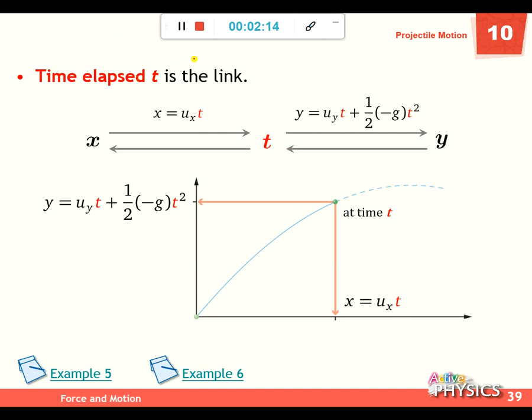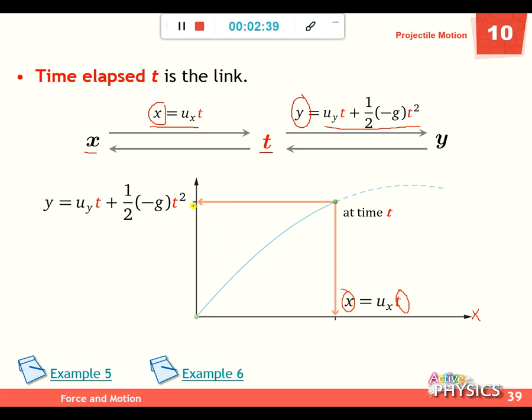So look at this. x links up to time through this equation. This time will also link up the other equation. You can obtain the position x and y if you know the time. So you can look at this diagram. For the unknown x position, if you know the time, you can get x.